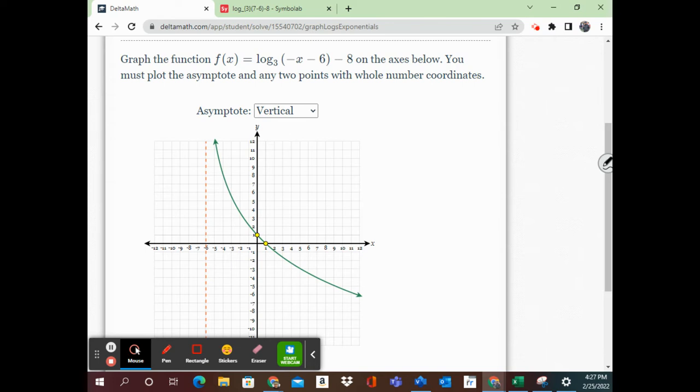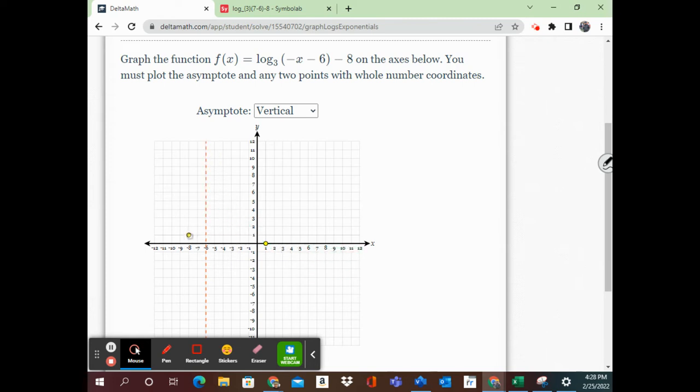So I know my graph has to be to the left of -6, right? It can't be on the right side, because if I put in a greater number, it's going to get smaller. If I put in 7 here for x, that's going to be -7 minus 6. So my graph will not be on this right hand side.